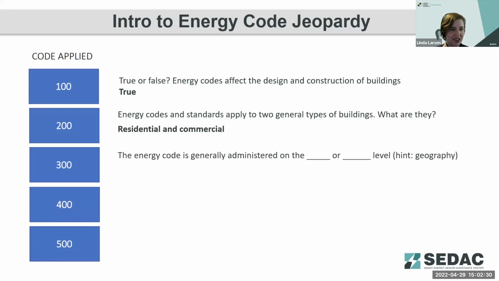The energy code is generally administered on the blank or blank level. This is geography here. What levels are they administered on? Okay, we've got local or state. Very good. Yep.